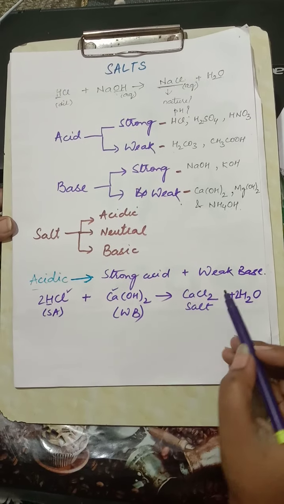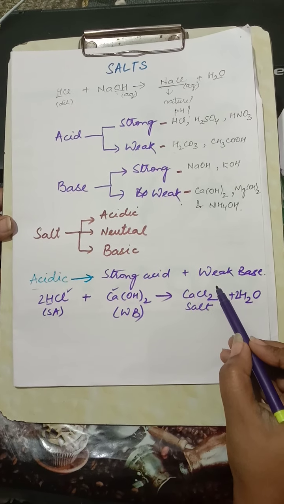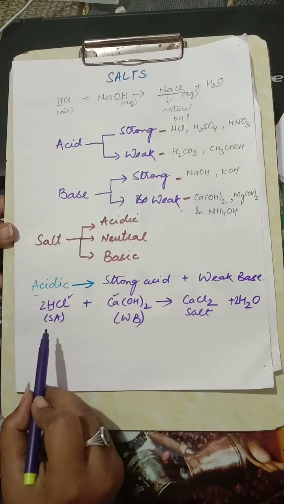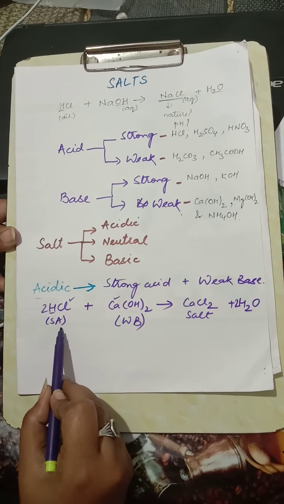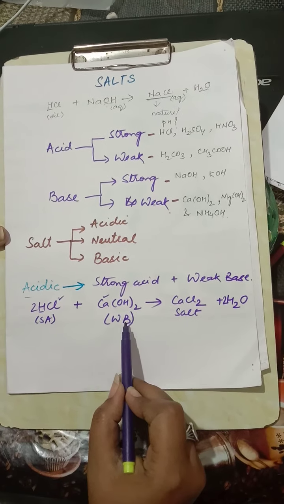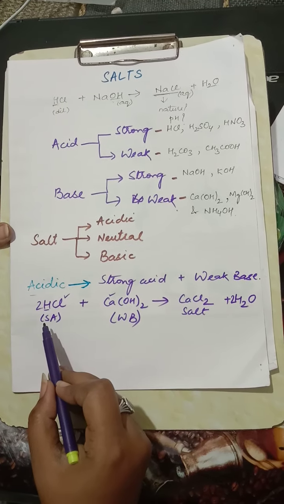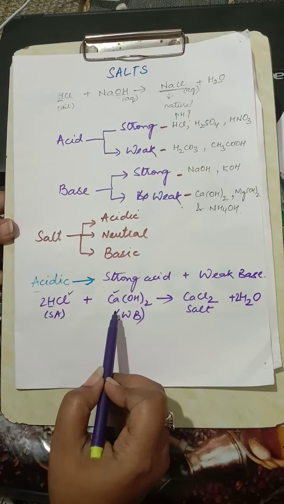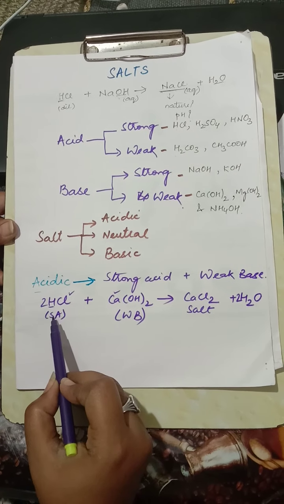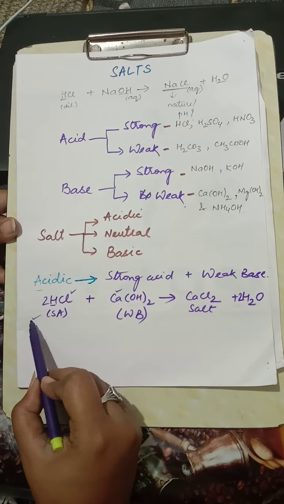If I want to know what is the nature of this solution, because it is formed by the combination of strong acid and weak base, it will adopt the nature of the stronger one. What is the stronger one here in between acid and base? Acid.